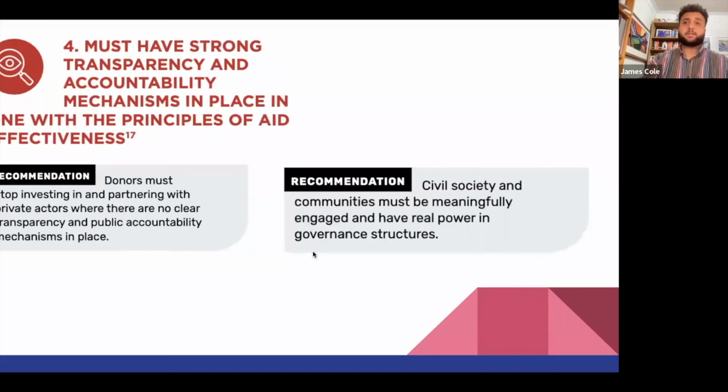Moving quickly on to principle number 4, this highlights the need for strong transparency and accountability mechanisms in line with the principle of aid effectiveness.